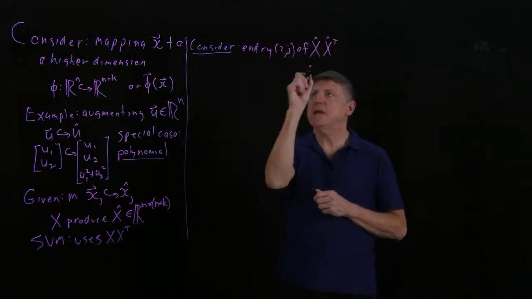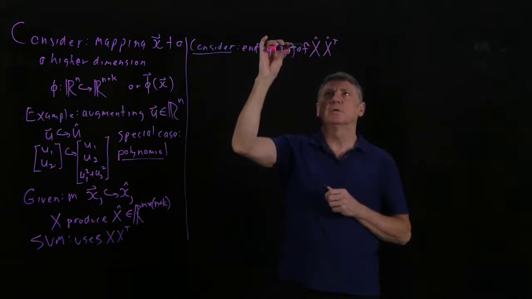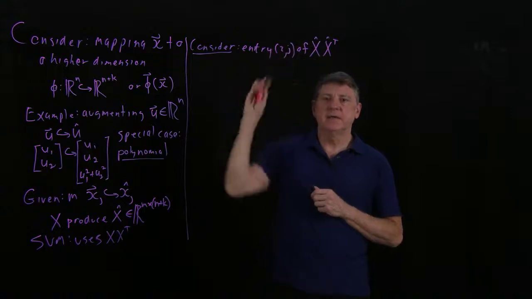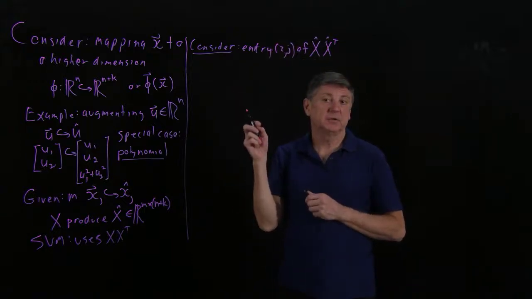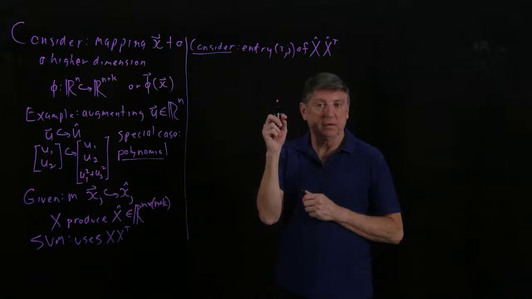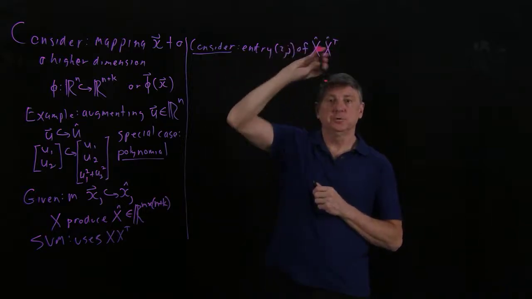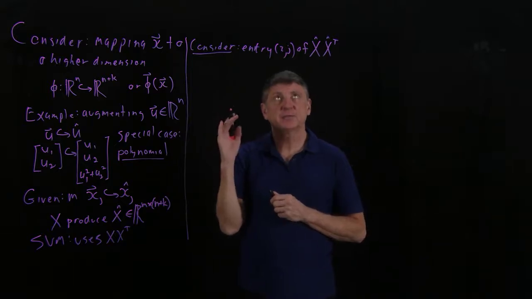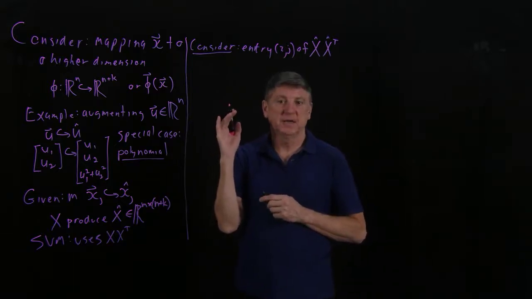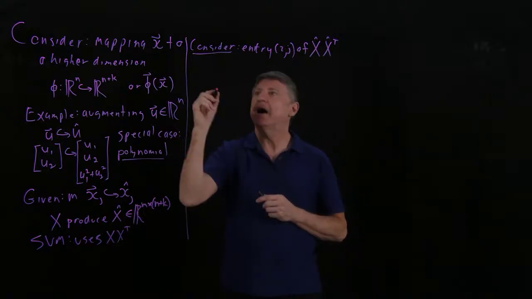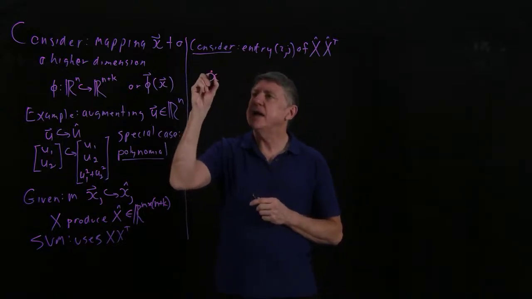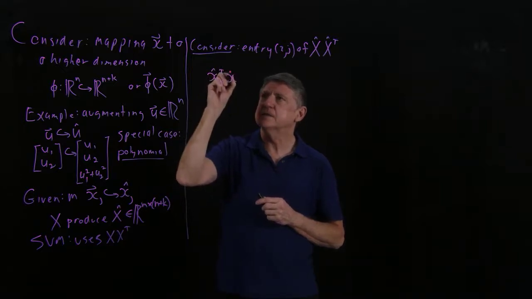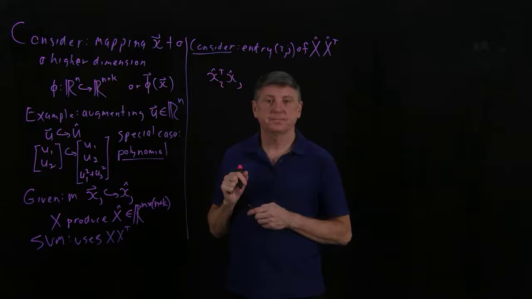And each entry, if we look at row 1 and column 1, that would be x hat 1 transpose x hat 1. And then 1, 2 would be x hat 1 transpose x hat 2. And so the entry ij will be x hat i transpose x hat j.